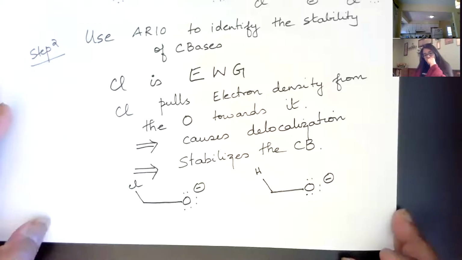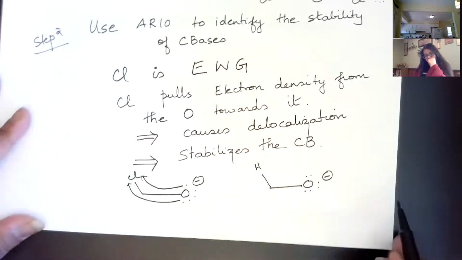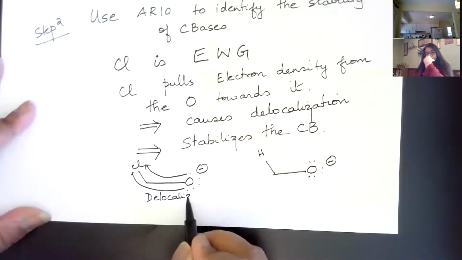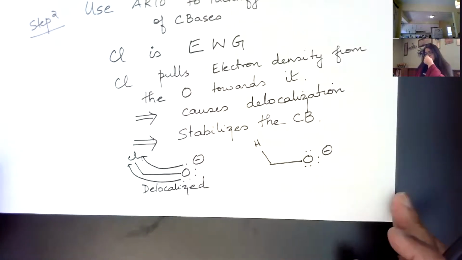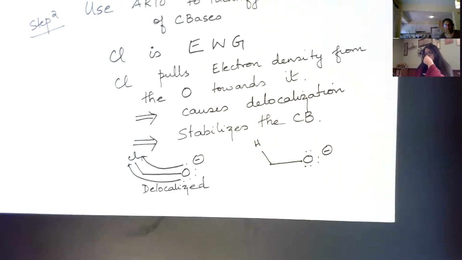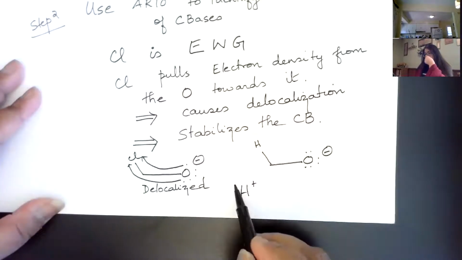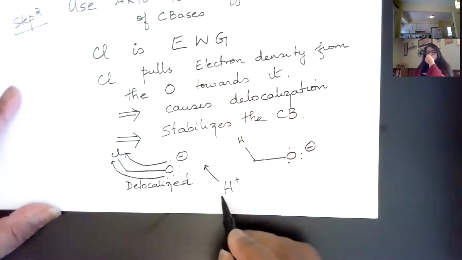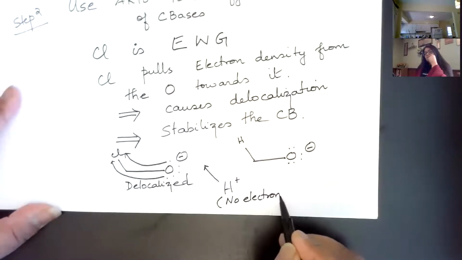All right, so this will pull it towards itself. Here, there's no pull. So this we call delocalized. When we say delocalized, the electrons are not there for an H plus to come grab. When H plus comes, he says, no electrons available, or less electrons available.